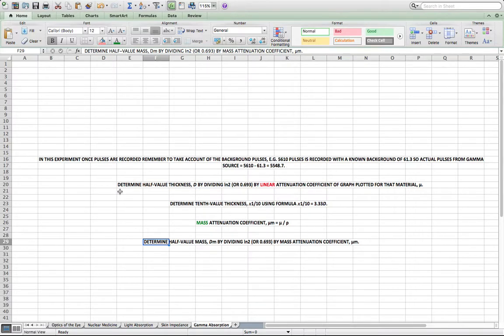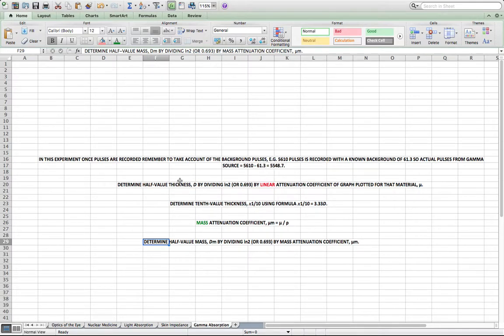The next thing you had to do was to determine the half value thickness, which is the thickness of the material required to reduce the count to half its initial value, basically.